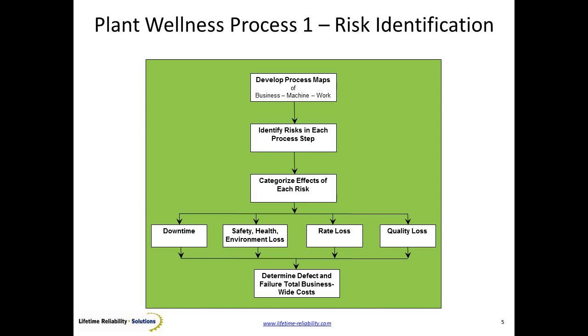So we're going to categorise the risk. This again is a typical process for risk management. What's the cost of something going wrong? What's the cost of downtime, health and safety? If it ends up hurting somebody, well, we can't accept that. If it slows production down too much, we can't accept that. If this risk causes us to make scrap product that I have to throw away or rework, then I'm losing money.